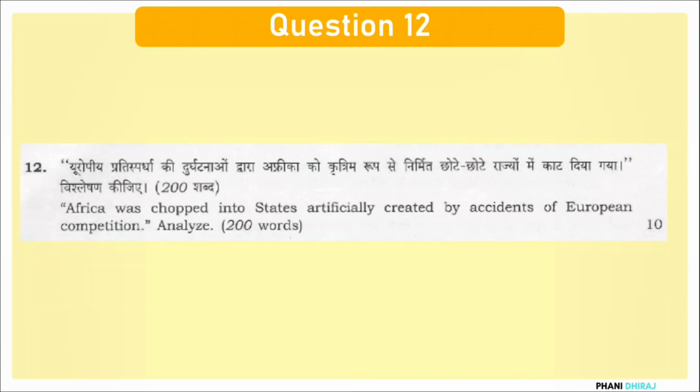You have to explain all these things. The key word they are asking you is analyze. So you start with the African continent, go on to explain its colonization, and the third point is who were the people colonizing Africa in the first place, the European countries, right?